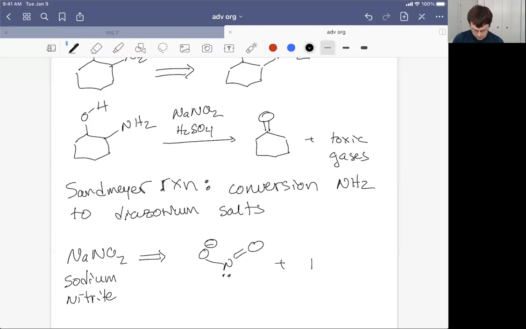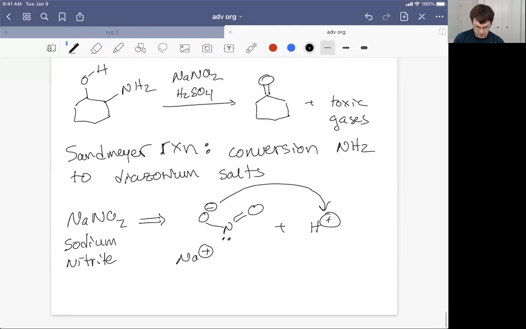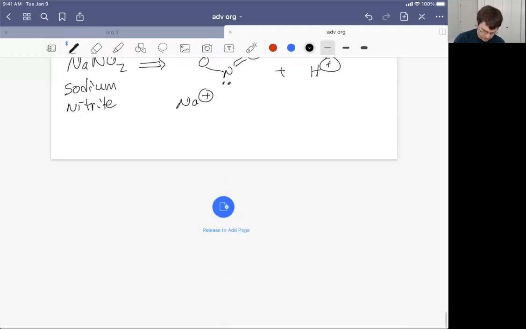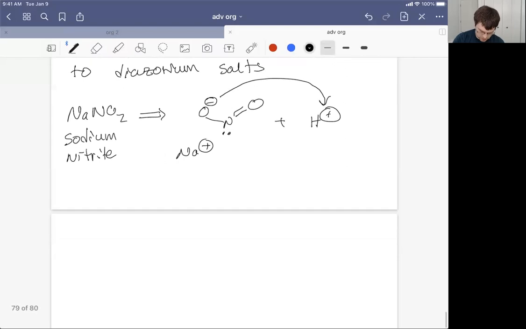And if we react this with a strong acid source, so I can put the sodium down here, sodium and then the O minus, they're neutralized. So the O minus engages the H plus to give us, whoops, ran out of page. Sorry, before I get too far ahead of myself, I'm going to get some new pages in here. Okay, so the sodium nitrite is going to engage the H plus to give us this intermediate.